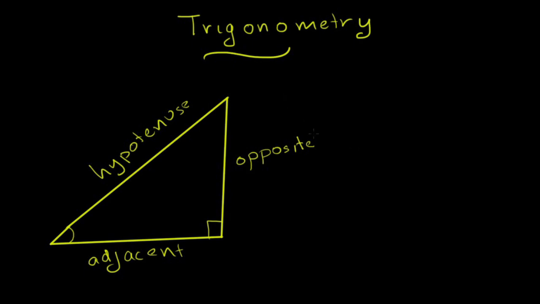Okay, now I am going to introduce you to the three fundamental trigonometric ratios. They are sine, cosine and tan. And I cannot tell you how important these are.